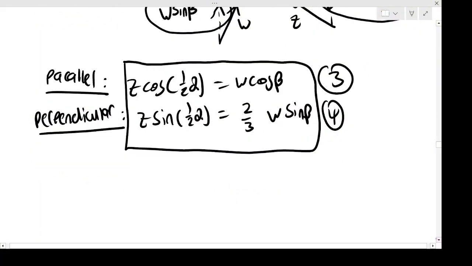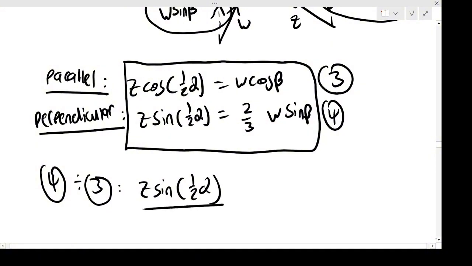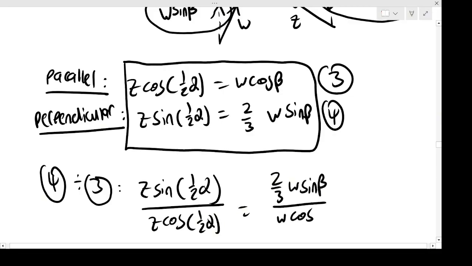The best thing to do is divide, like usual. So if we divide the two equations, we are going to get Z sine of a half alpha over Z cos of a half alpha, and that's going to be 2/3 W sine beta over W cos beta.